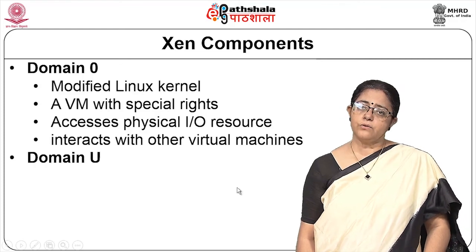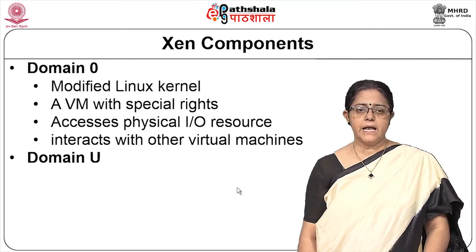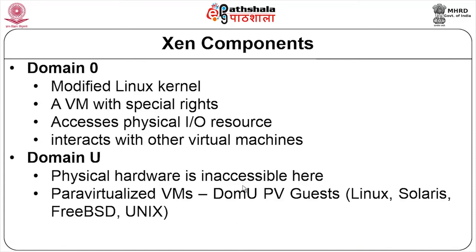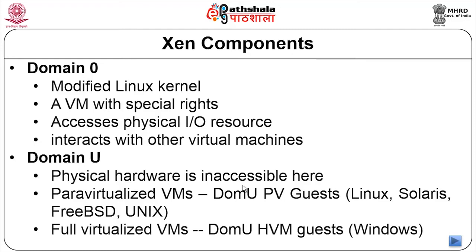It interacts with all other virtual machines, and DOM U will be all the other virtualized operating systems that will be run, and there is a paravirtualized VM which is the DOM U PV guests which can run Linux, Solaris, etc., and a fully virtualized VM which is the DOM U HVM guest which can run unmodified operating systems like Windows.